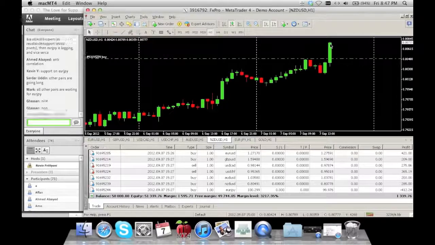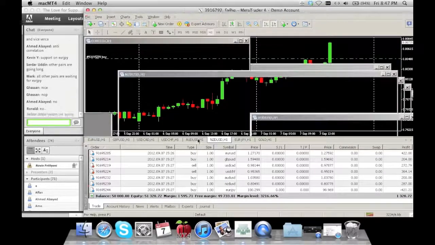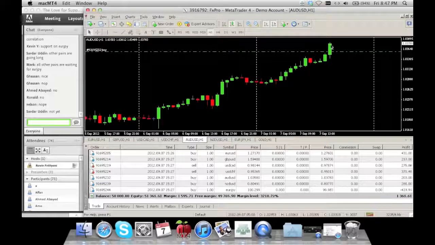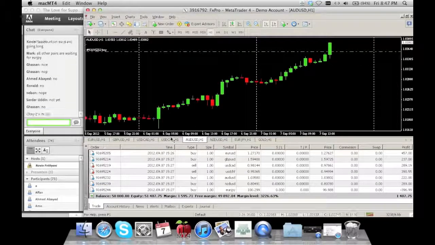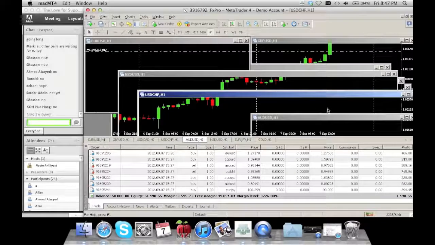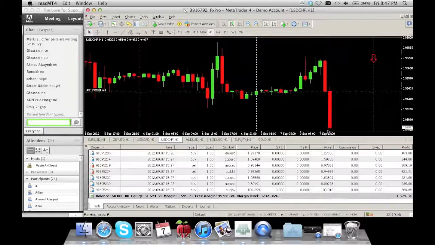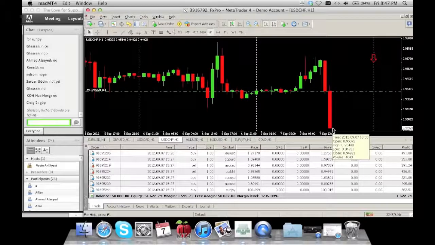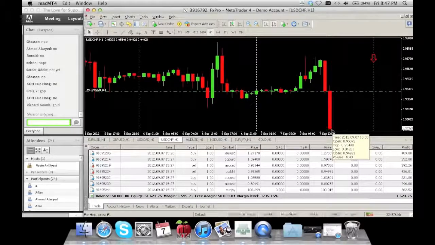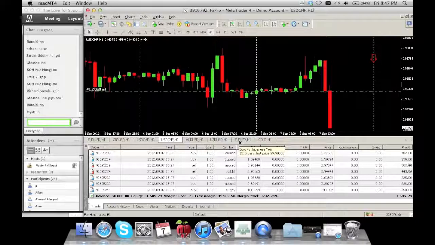No pressure on New Zealand dollar. What about Aussie dollar? Any tail on top showing pressure? No. Swiss franc, any tail on bottom showing pressure? No. Now, what does that mean? If Swiss franc goes short and Aussie dollar goes north, which direction should Euro Yen go as per correlation? Long, right?